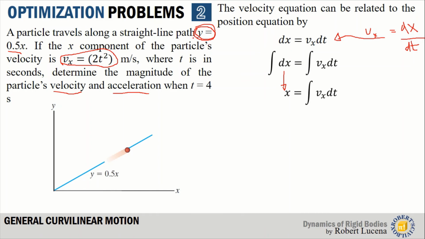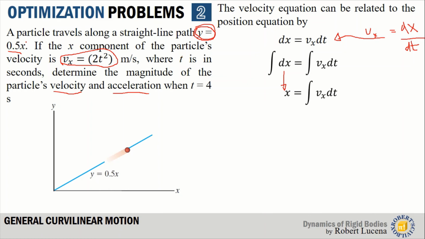Since we have the position equation about y, let's have the position equation about x. If we have the position equations, we can determine one by one the velocity equation about x, velocity equation about y. Then the next one, we get the acceleration equation about y and acceleration equation about x.